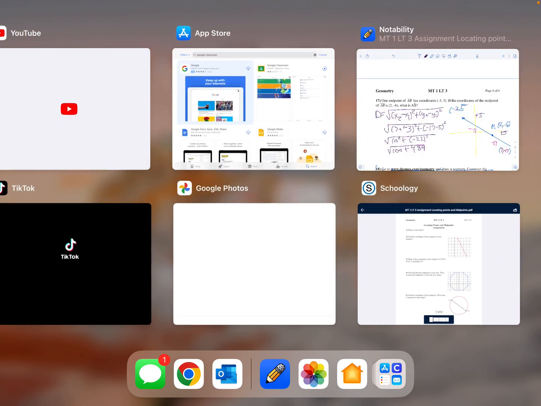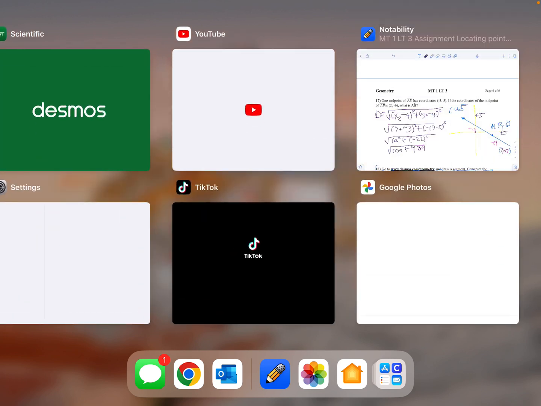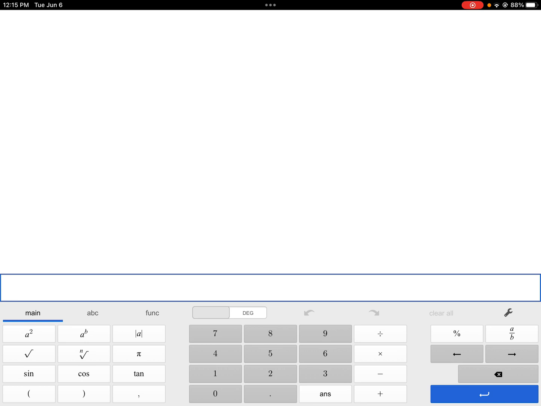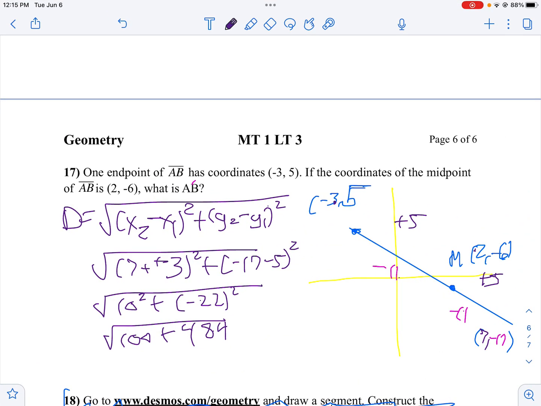I've got other things open here. Sorry about that. And here we go. If I go 22 and I square that, this thing is slow. 22 squared is 484. So my distance is going to be the square root of 584.